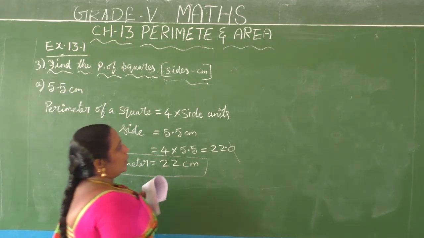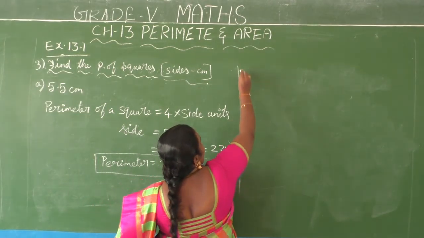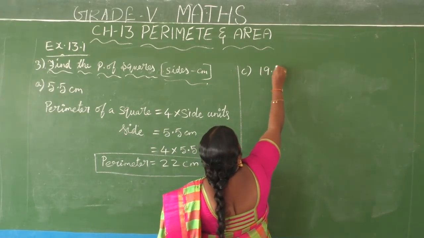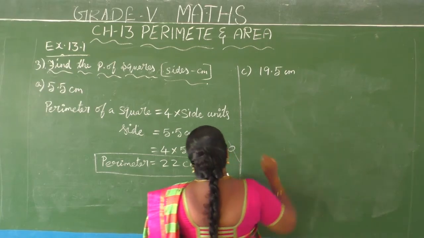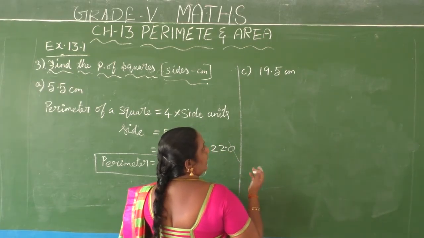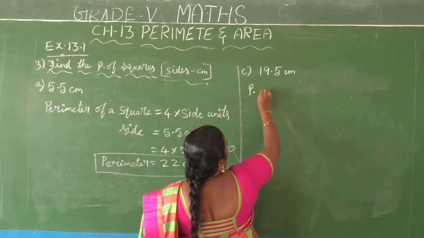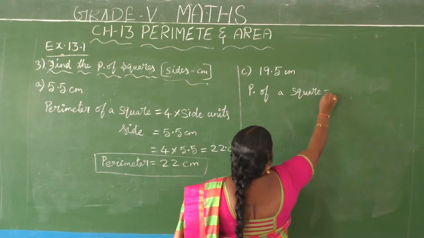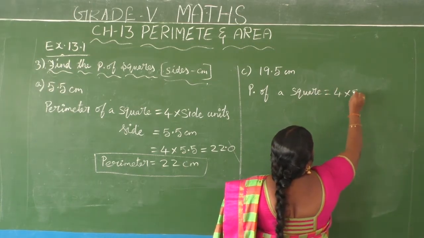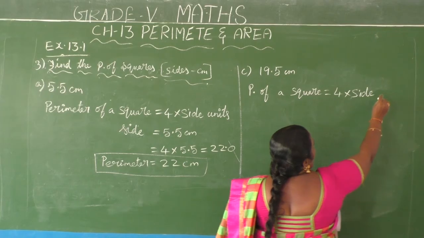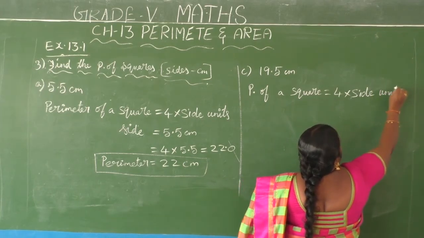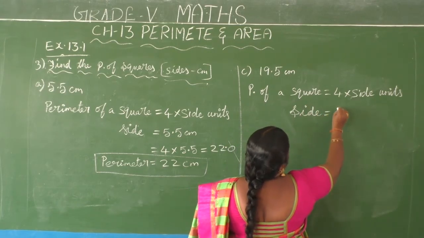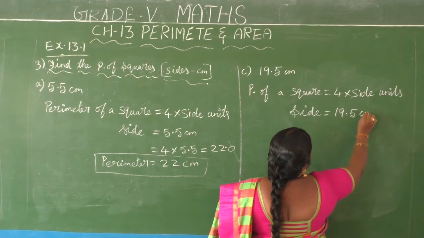Then the next one, I am going to work out the C sum. C1 is 19.5 centimeter. For this sum also we are going to find the perimeter of a square. Use the formula 4 into side units. One side is 19.5 centimeter.